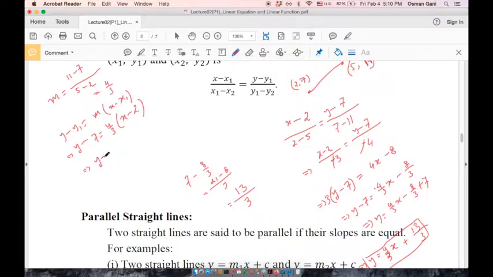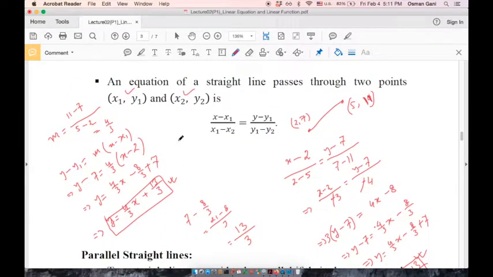So this implies y equal to 4 by 3 x minus 8 by 3 plus 7. This implies y equal to 4 by 3 x plus 13 by 3. So now you can compare this result and your previous result. Both of them are the same.